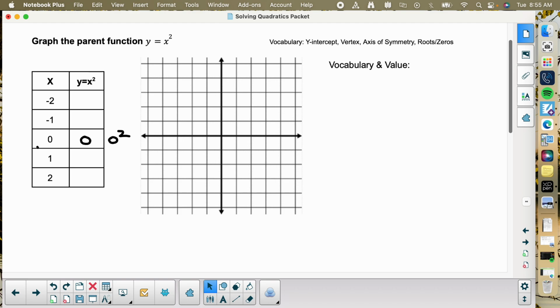Okay, good. This is going to be the point 0, 0. A lot of times over here, you guys will need this to see. So this is going to be the point 0, 0, which we graph right there. Good.